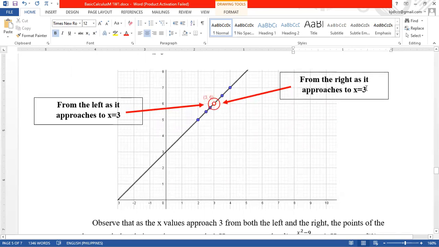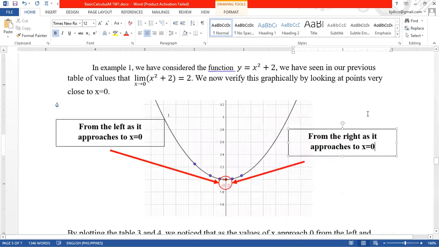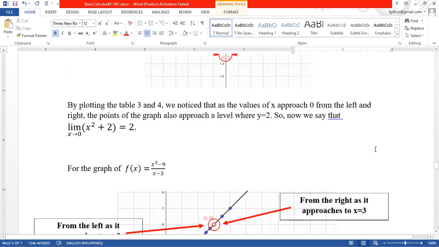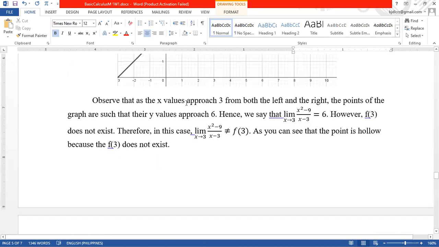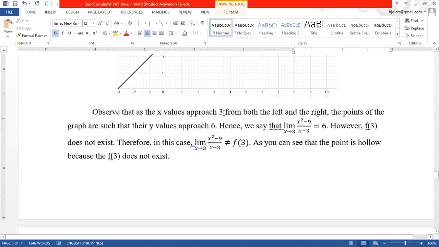Okay, approaches to 3. Diri sa taas, approaches to 0 ni siya. So observe that as x values approach 3 from both left and right, the points of the graph are such that their y values approach 6. Hence, we say that the limit of x squared minus 9 over x minus 3 as x approaches 3 is equal to 6.